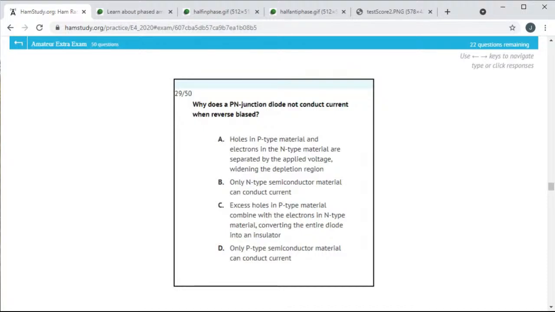B, only n-type conducting material can conduct current. C, excessive holes in the p-type material combined with electrons in the n-type material converting the entire diode to an insulator. D, only p-type semiconductor material can conduct current.